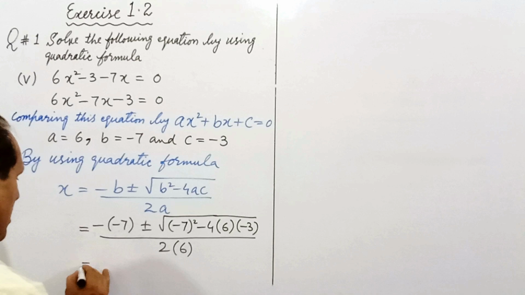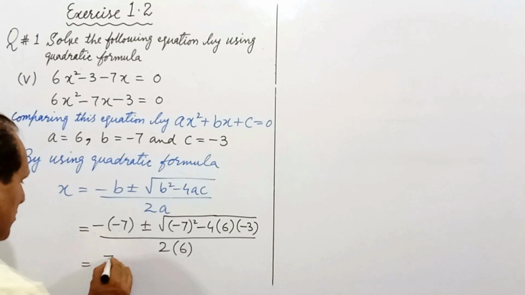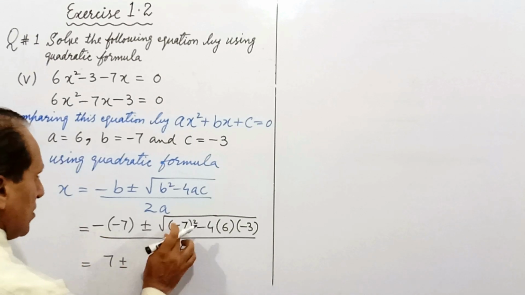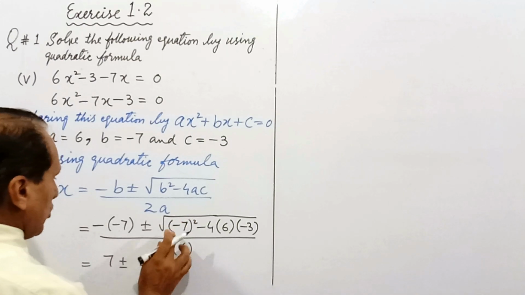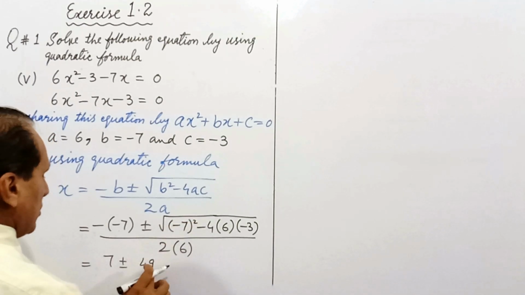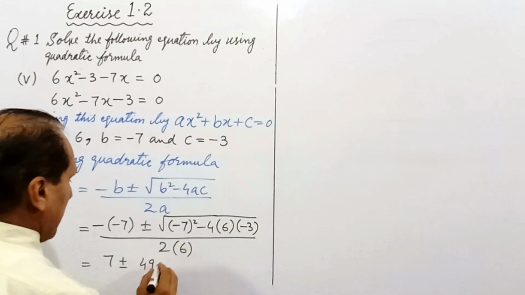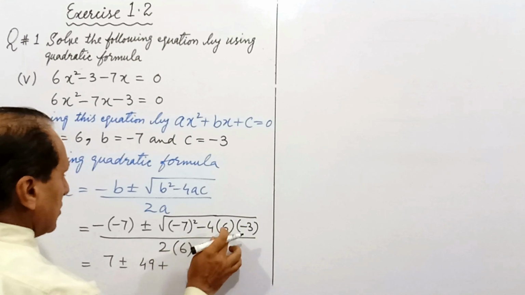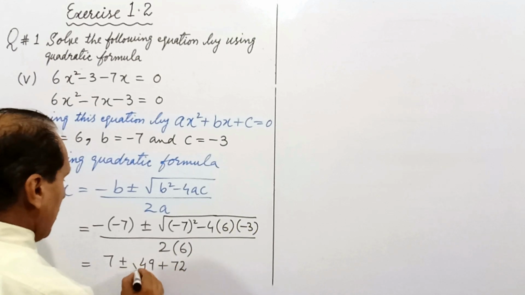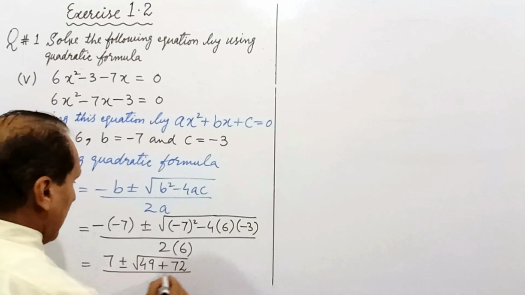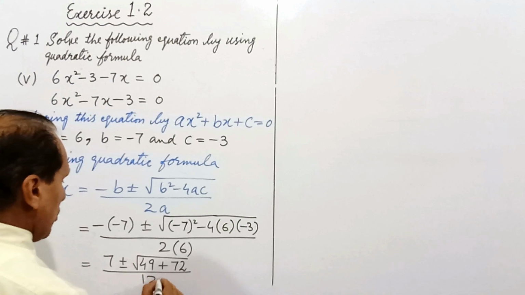In the next step we have minus into minus plus 7 plus minus square minus 7 square is equal to 49. As square of minus is plus, so 7 square is equal to 49. Minus into minus plus 4 6s are 24, 24 3s are 72. Under root whole divided by 2 6s are 12.